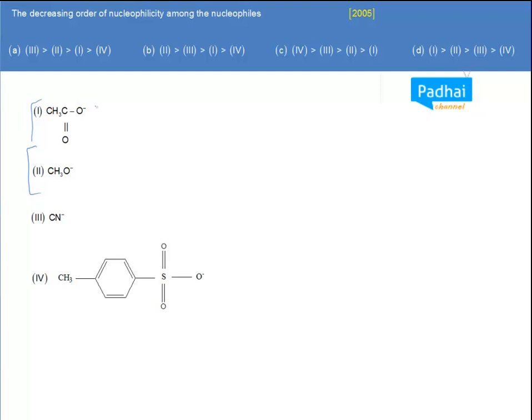sometimes you get the kind of questions where you do not have to solve the entire question. You just solve 1 or 2 options and all the rest of the options get eliminated. This is basically a trick for solving objective questions, where you should not solve the entire question.